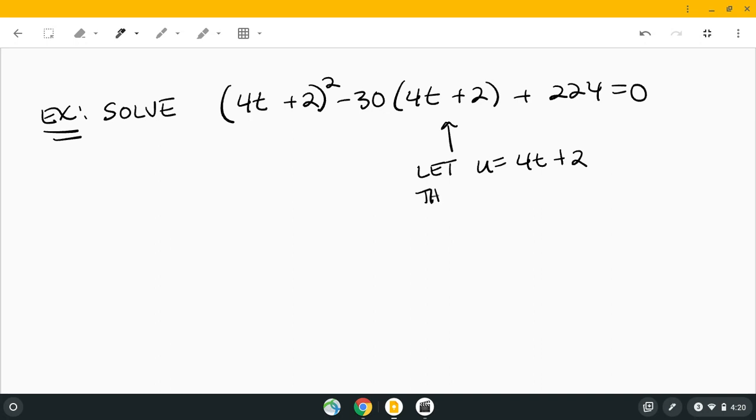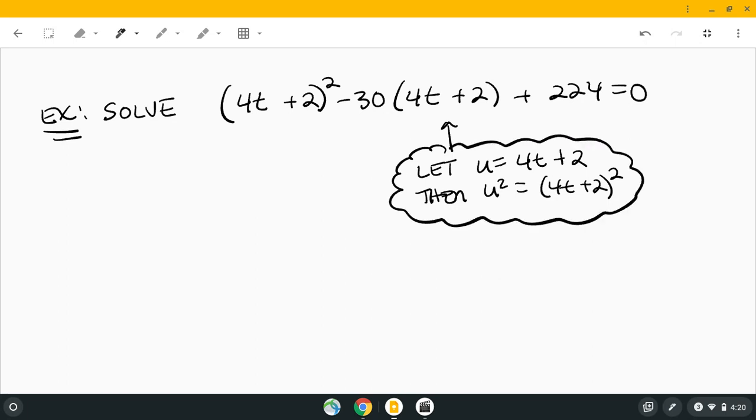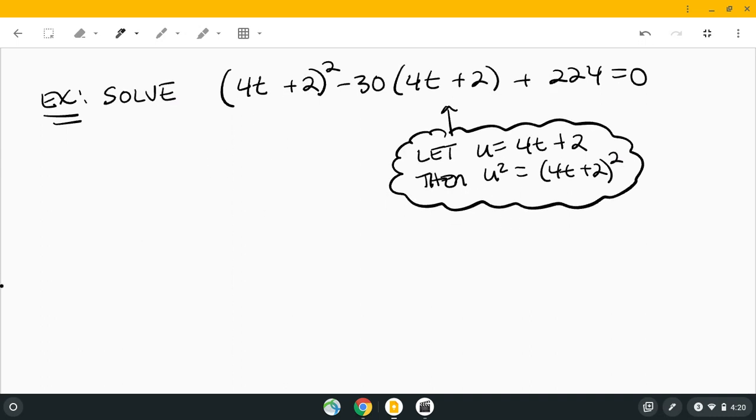Okay, then when I square this side, I get u squared. And when I square this side, I get this thing squared. Okay, so I'm going to replace the 4t plus 2 squared with u squared, minus 30 times u plus 224 equals 0.